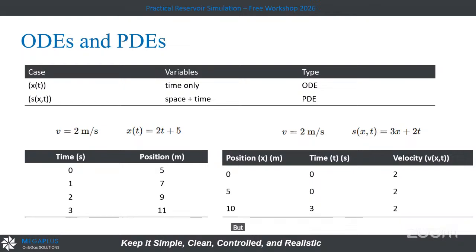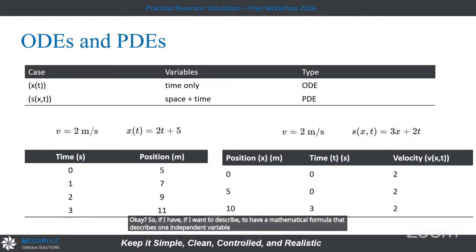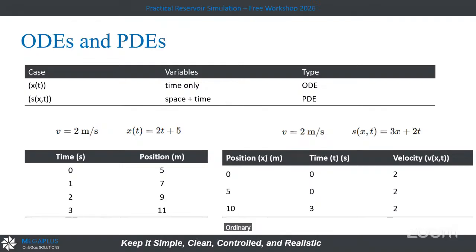But a partial differential equation is when I say that two independent variables are changing. If I want a mathematical formula that describes one variable changing with another variable, it's called an ordinary differential equation, as velocity equals meters per second. So it's a function of time, one independent variable.